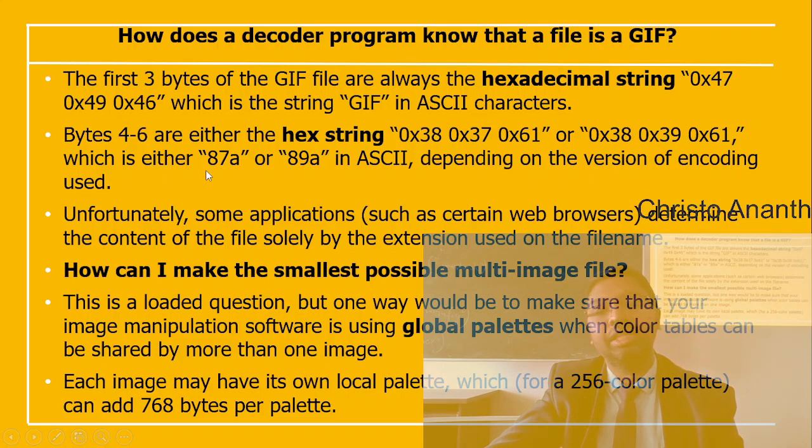It can be either 87a or 89a in ASCII, depending on the version that you are trying to use. But unfortunately, some applications, maybe some web browsers, determine the content of the file solely by the extension used in the file name.